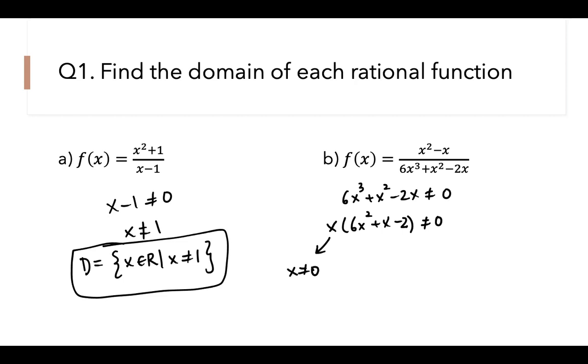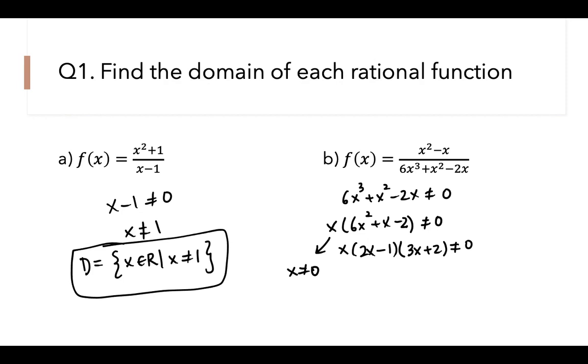Now if you factor this, it's going to be x times (2x minus 1) times (3x plus 2).